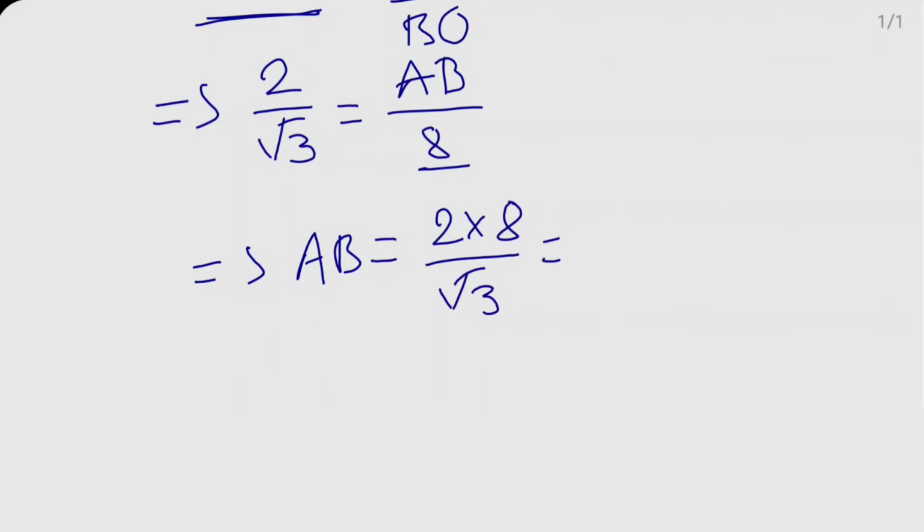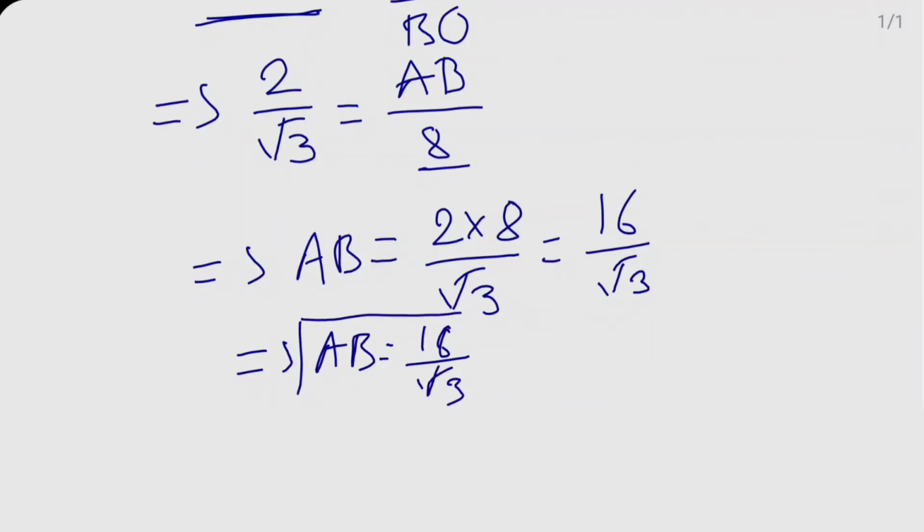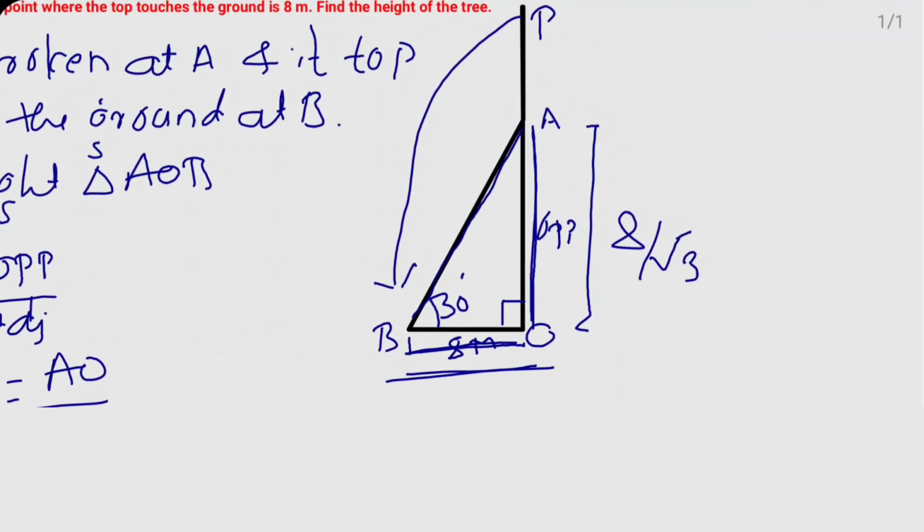So this equals 16 by root 3. So AB is equal to 16 by root 3. Is it clear? See the figure here, it is 16 by root 3.